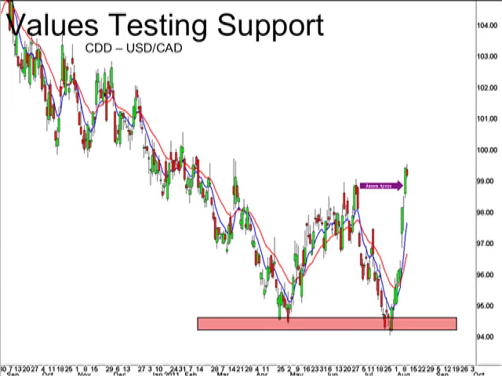So that would be one indication. Here we have that crossover of the moving averages, and at this point, right now, the CDD, which is reflecting U.S. dollar strength against the Canadian dollar, is trending to the upside.